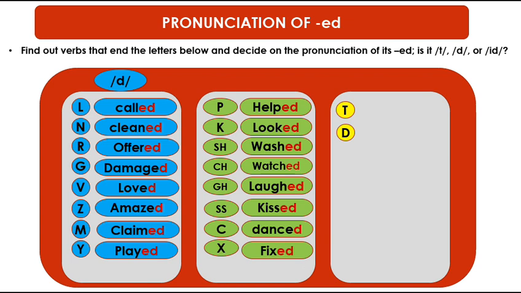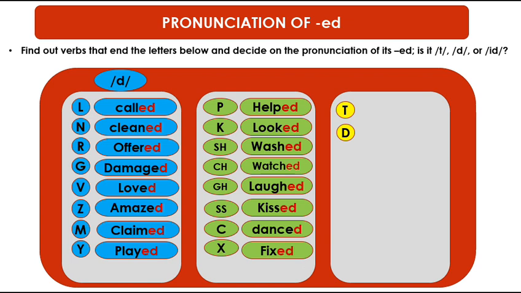So the pronunciation of this group, is it t or id? Do we say helped or helped? Of course it is helped. So helped, looked, washed, watched, laughed, kissed, danced, and fixed.